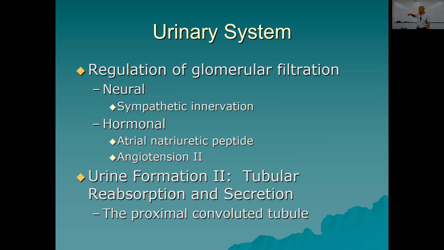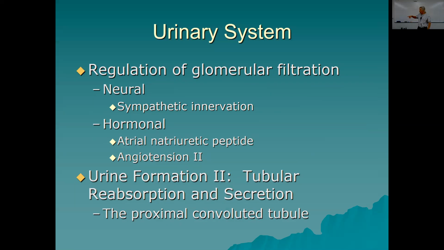And then angiotensin II raises blood pressure, and it causes vasoconstriction all over the body, including the afferent arteriole. So this will decrease GFR, and this will help increase blood pressure. All right.